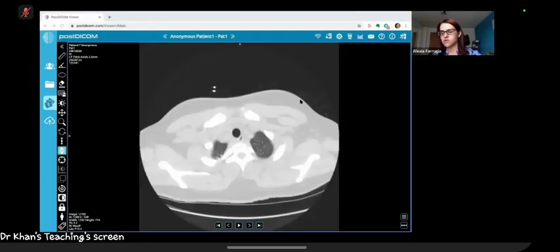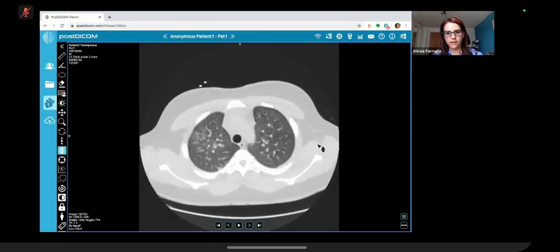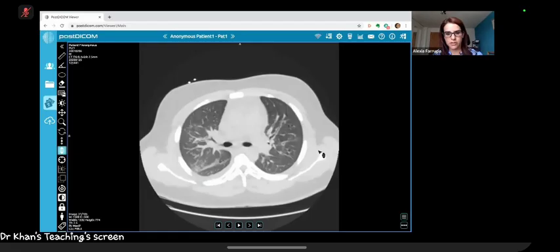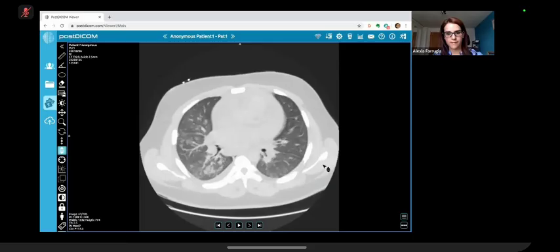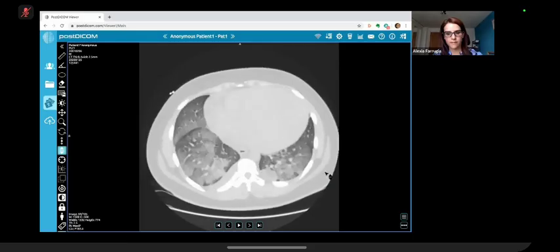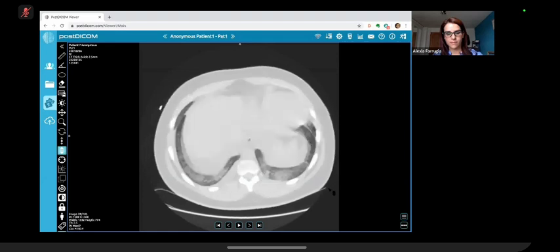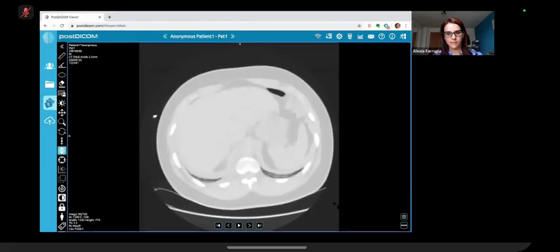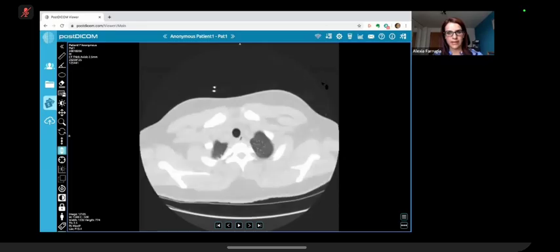Okay. So this was his CT. I'm going to scroll through and look at the heart and the lungs for this patient. Okay, I will go through it again.